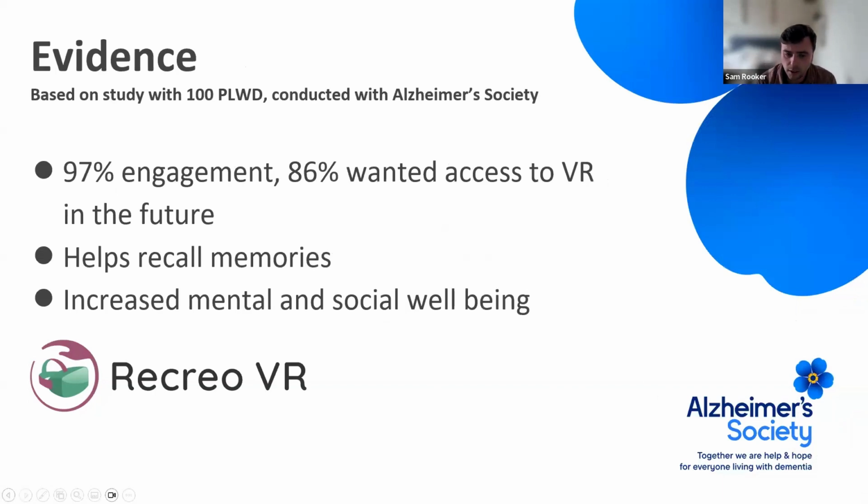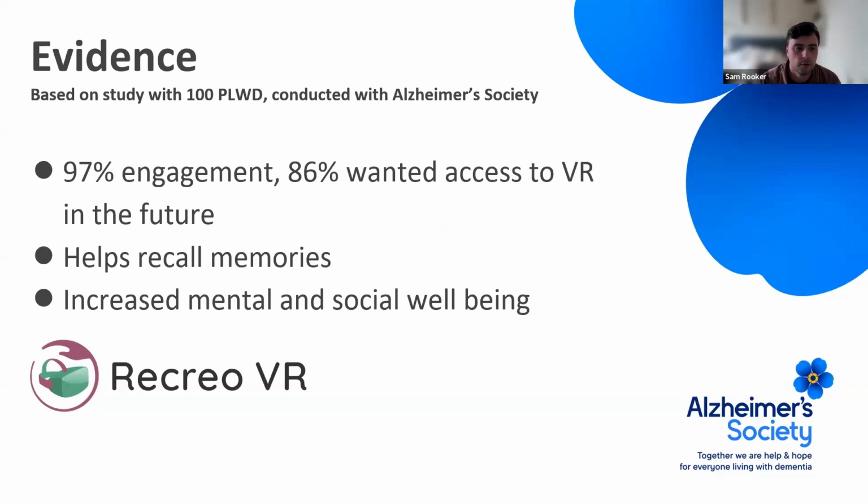And so yeah, I'll quickly go through this. We obviously went through that period of research and development, but a part of the accelerator program schedule that we did was how do we evidence what we're doing is beneficial and actually is something that people can engage with, especially those living with dementia.